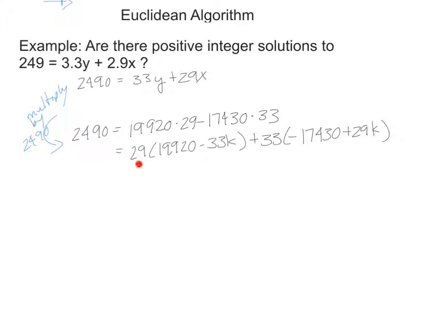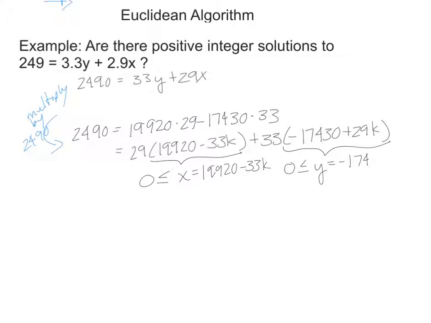So here we have our 29 times some value and our 33 times some value. We're going to call this our x, and we want it to be greater than or equal to 0. This is our y. We want it to be greater than or equal to 0. X is equal to 19920 minus 33k, and y is minus 17430 plus 29k.